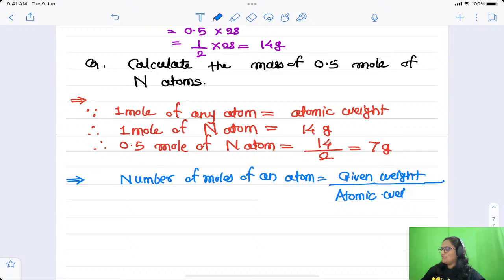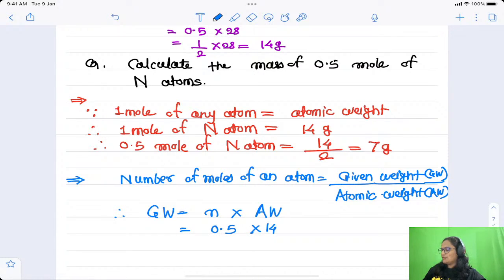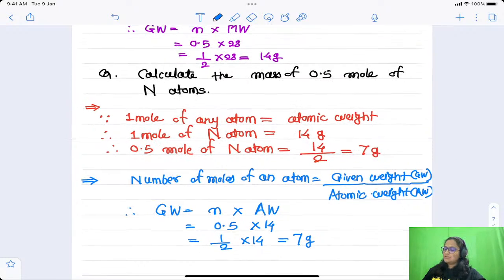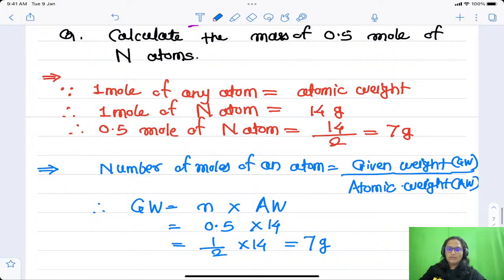Here we know the number of moles, we know the atomic weight, and we can find out the given weight, right? Therefore given weight will be equal to number of moles multiplied by atomic weight. Number of moles is 0.5 multiplied by 14. 0.5 is nothing but 1 by 2 into 14, that is equal to 7 gram. So this question also we can solve in two ways.